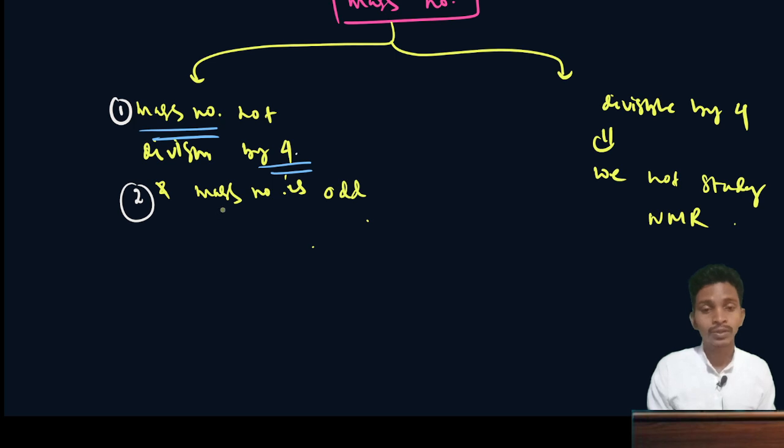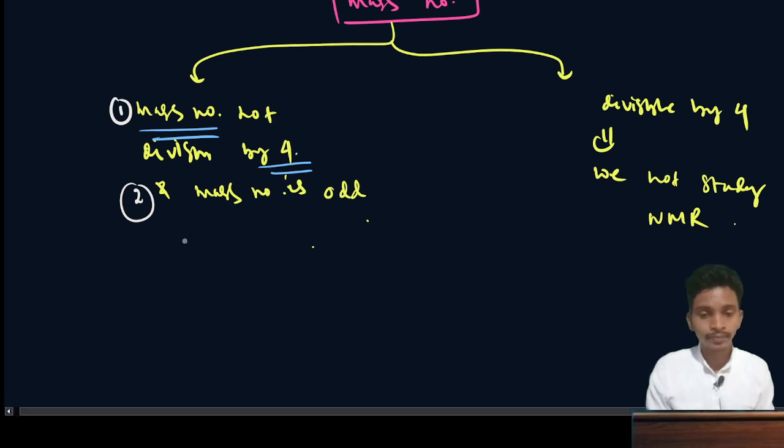Today I am discussing further from what we discussed in the previous class. We have seen 1H NMR, 13C NMR, fluorine NMR and phosphorus NMR. These all satisfy these conditions.